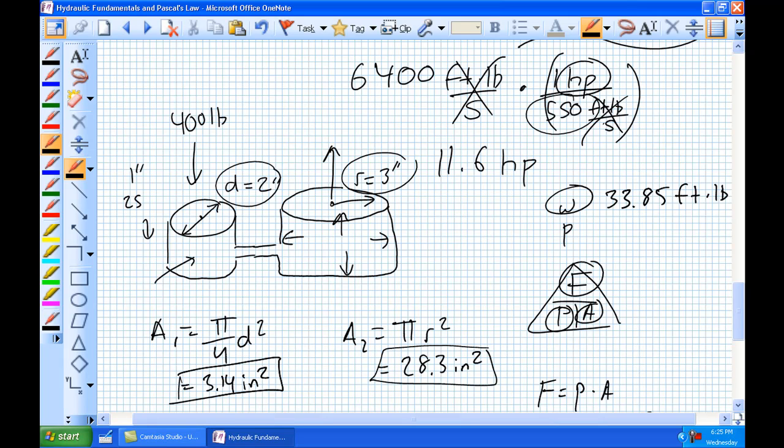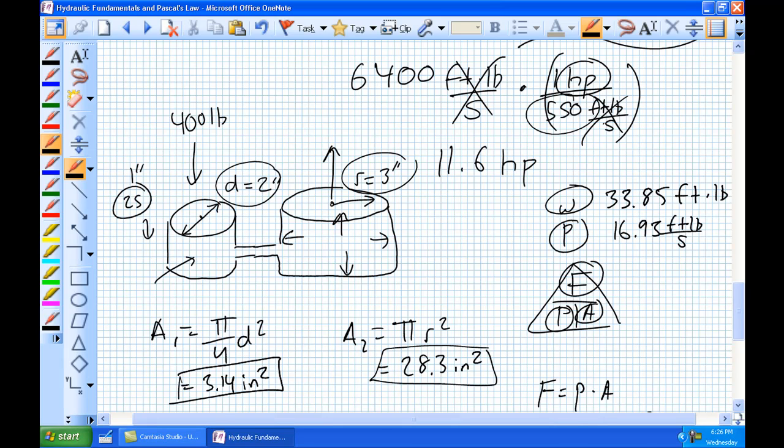And let's say, what was our power requirement? So we did this in 2 seconds. How powerful is that system? How fast do we accomplish that work? So in 2 seconds, we did 16.93 foot-pounds per second.